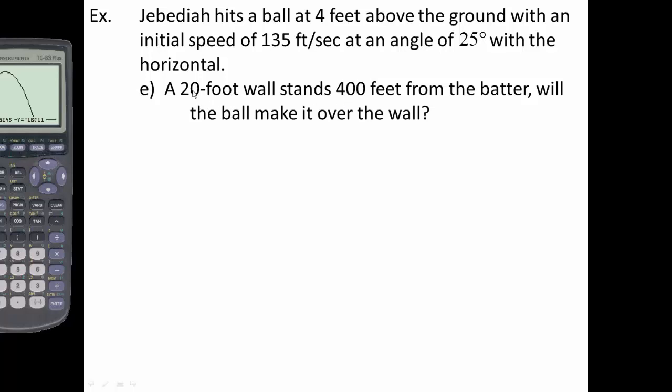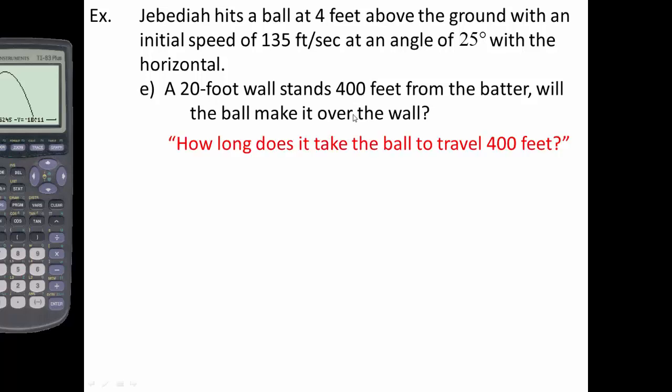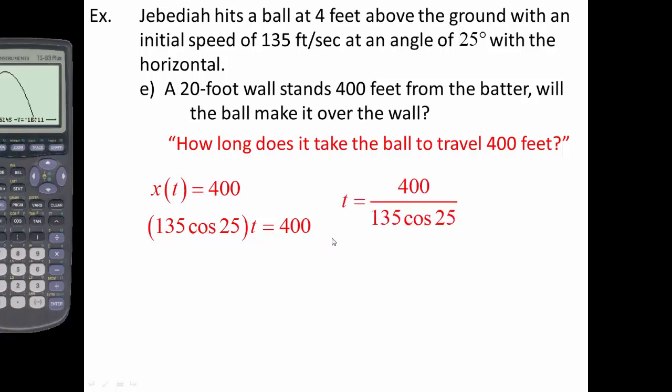So really, I need to know what is the y position when the x position is 400. Well, in order to figure out the y position, I need to know what time it is. So to figure out what time it is, I'll use the x equation, set it equal to 400, divide to solve for t, and that's going to give me 3.2 seconds and change. So I just need to know the height at that time.